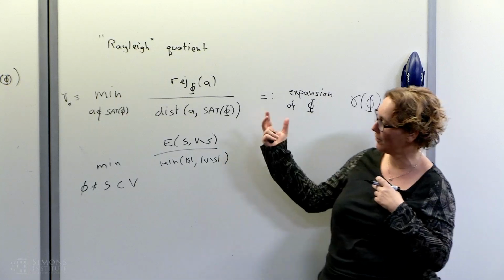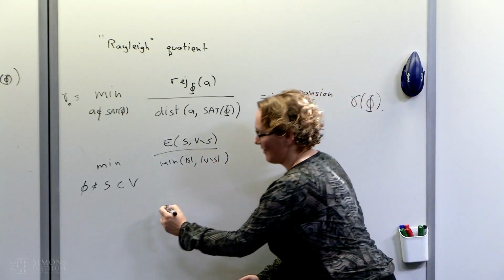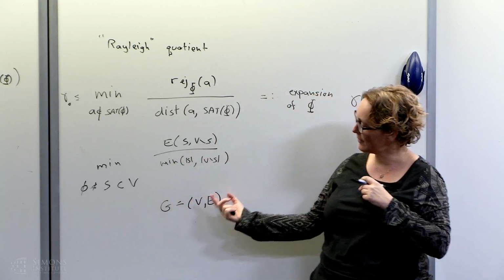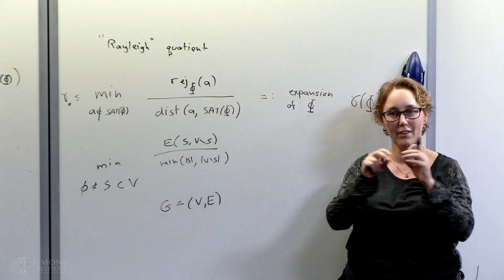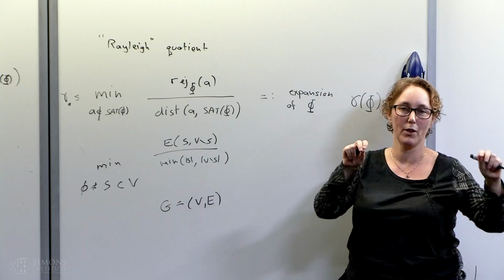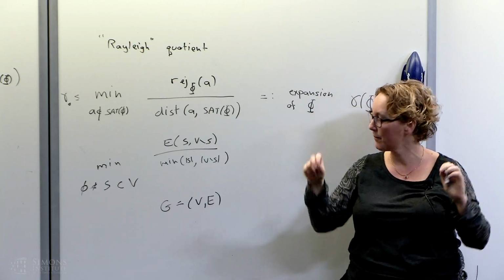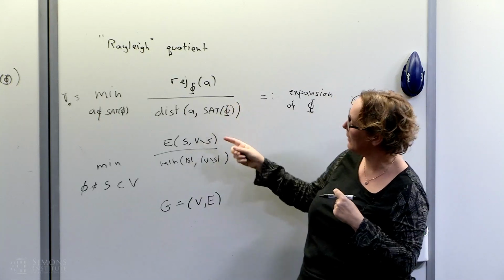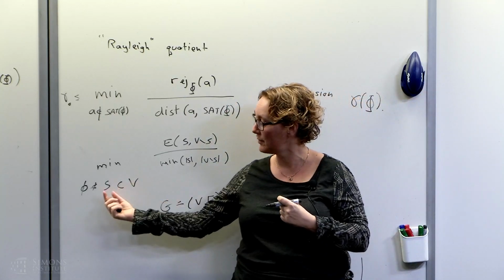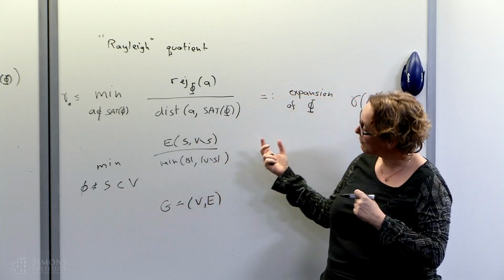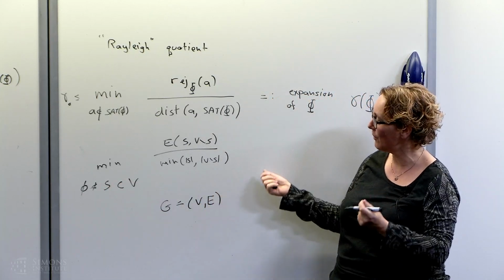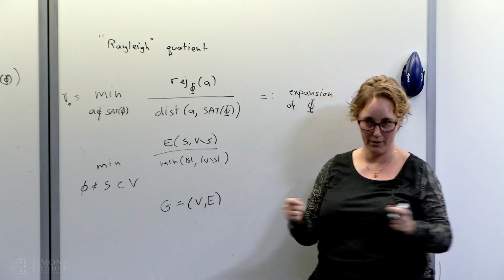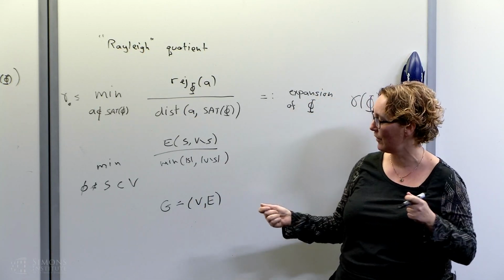Now, if you think of the graph here, I didn't write it, but there is some underlying graph. You think of the graph as a system of constraints where every edge is an equality constraint. It just says, I want the value here to be equal to the value here. Then the function A that we're minimizing over is just like selecting a subset, right? And if the graph is connected, then the only functions that satisfy all the constraints are the constant functions, either the all zero or the all one function.